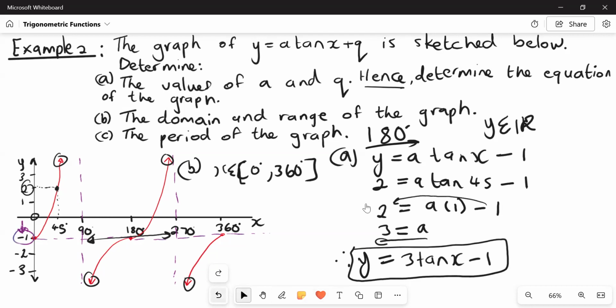Now, how do you get a horizontal length when it comes to graphs? We say right value minus the left value. So 270 minus 90, you get what? 180. So in every 180, you get a complete cycle. That's why we are saying the period of this graph is 180.